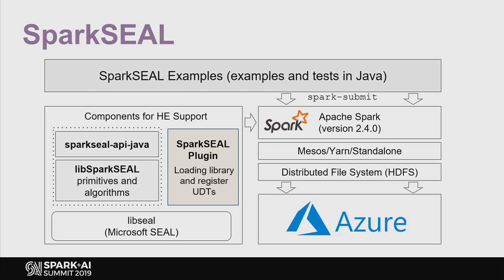And that communicates with the native layer, this libspark-seal. And this wrapper between Spark SEAL API Java and libspark-seal comes from SWIG. And then at the bottom there is Microsoft SEAL, which is also a native library, of course.